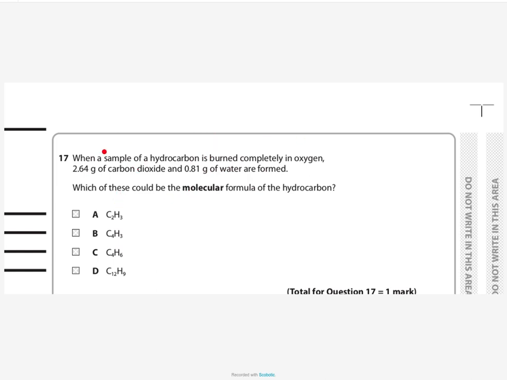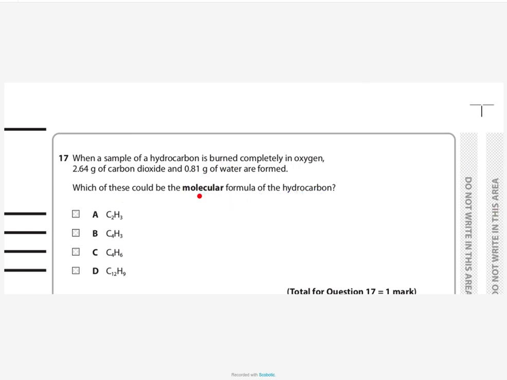Right? So complete combustion, 2 carbon dioxide and 3/2 water. Let's do it this way. Now we can do the other method.